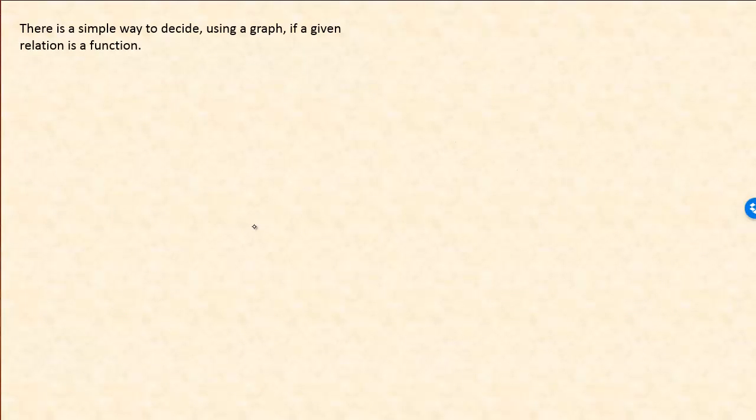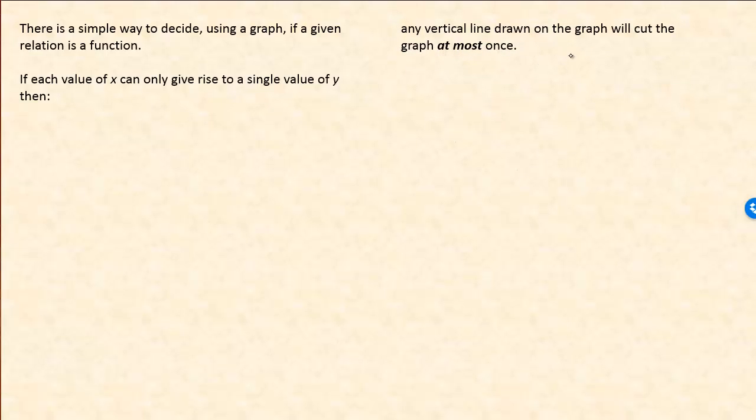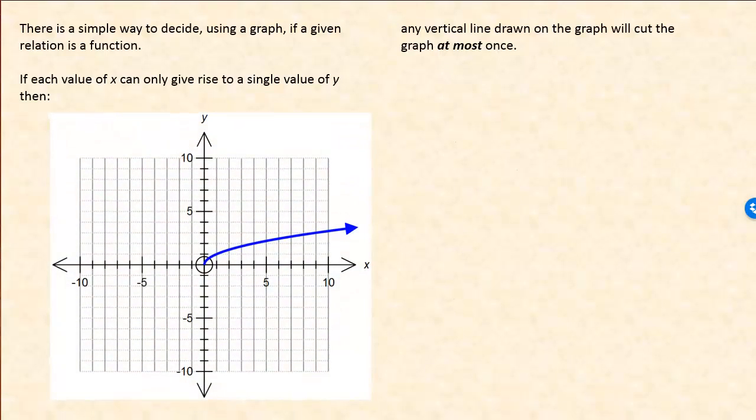There's a simple way to decide using a graph if a given relation is a function. If each value of x can only give rise to a single value of y, then any vertical line drawn on the graph will cut the graph at most once. So let's just think about what we said there.